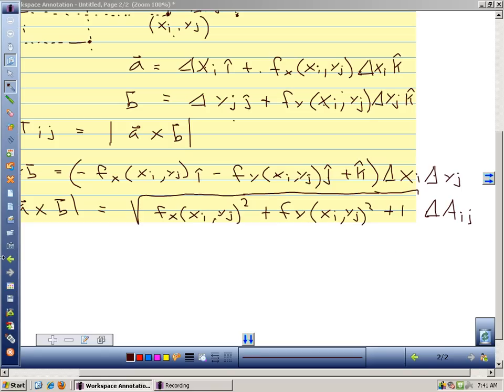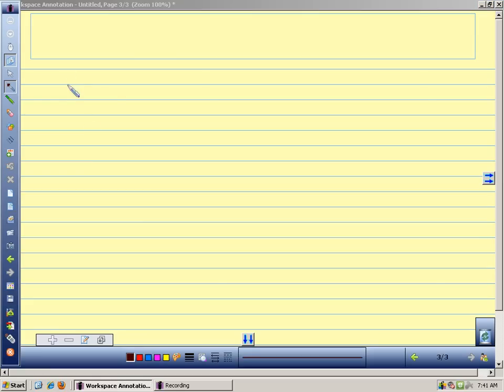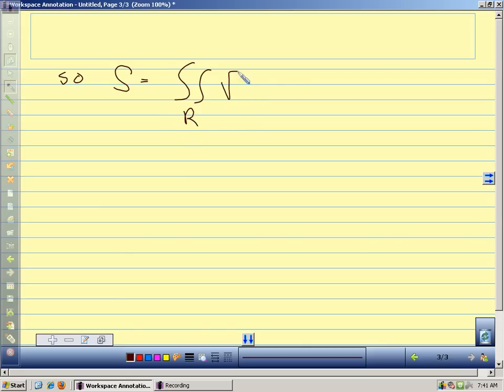All right, so we can write our expression for our surface area finally. Surface area equals the double integral over our region of the square root of f sub x squared plus f sub y squared plus 1 dA.